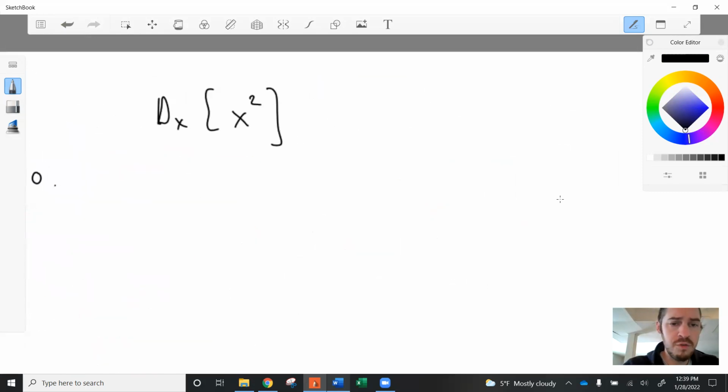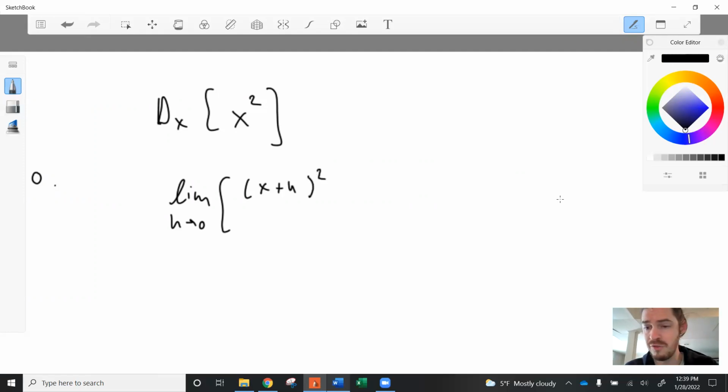Okay, so for this one, we'll look at the limit as h approaches 0. f of x plus h is going to be x plus h squared, because the f function here is the squaring function. And then we'll do minus x squared, all over h. So that's what it'll look like when we set up the limit of the difference quotient.